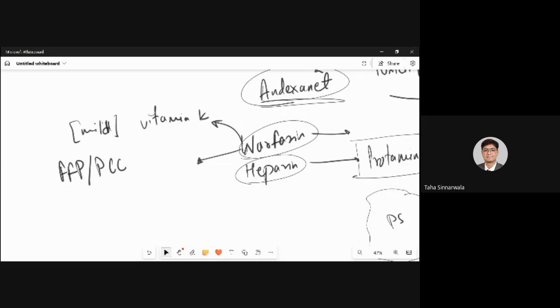Now, for the USMLE, if you ever get a question with these two options together, I would say always pick the fresh frozen plasma. It's much better. But hopefully the USMLE won't give you both of them together. But if they do, always pick fresh frozen plasma.